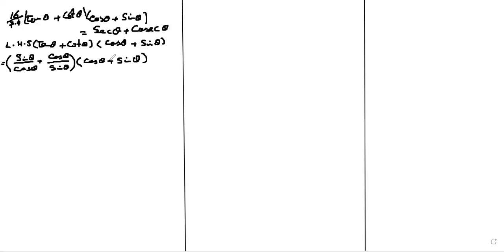Now, simplifying the first element, cosine theta into sine theta, and this is sine square theta plus cosine square theta, and multiplication with sine theta plus cosine theta.